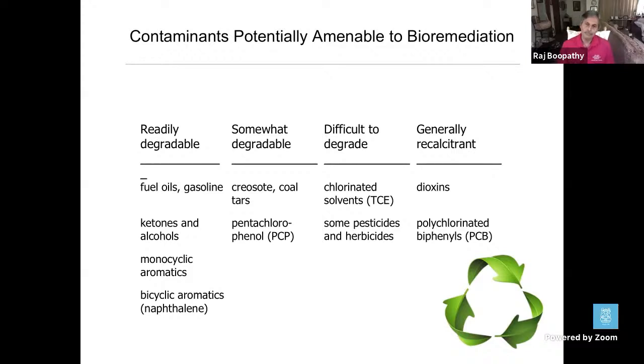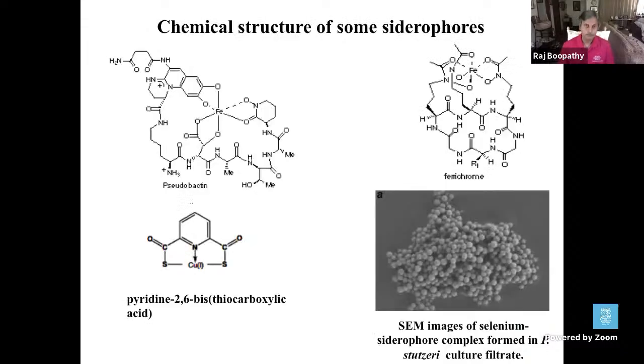And somewhat degradable are creosote and coal tars and pentachlorophenol, a lot of phenolic compounds. The compounds that are difficult to degrade are chlorinated solvents like TCE, carbon tetrachloride, some herbicides and pesticides. Very, very recalcitrant compounds that are going to persist in the environment for a long time are dioxins and PCBs.